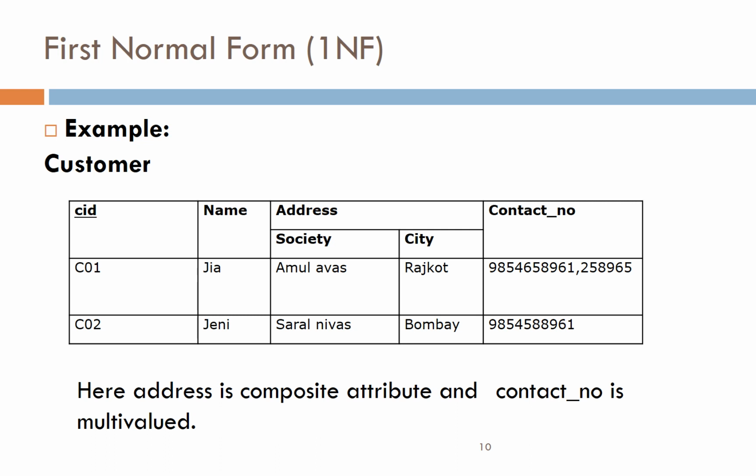Address is divided into two more columns, and we cannot store this data in a single cell, right? And in contact number, for customer C01, you can see that there are two contact numbers. In one cell we cannot store two contact numbers, so it is a multi-valued attribute. So here address is a composite attribute and contact number is a multi-valued attribute.